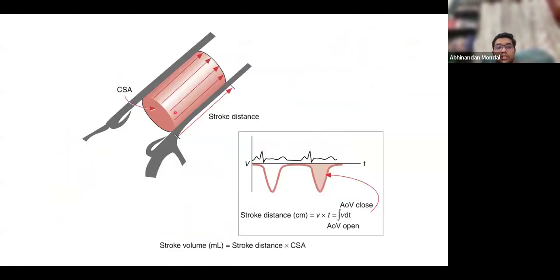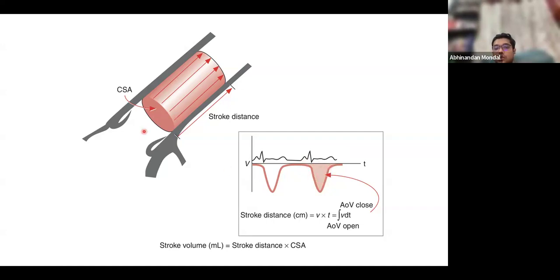So if there is a cross-sectional area and this is a waveform, whenever the valve is opening, the blood starts to flow like this, reaches a peak velocity, then slows down and finally reaches baseline. So this is the area under the curve.